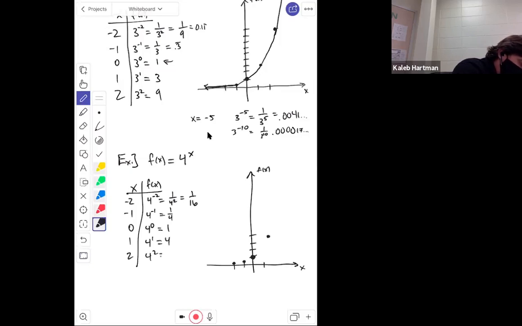And 4 squared is 16. So in fact, with this one, I haven't made my graph tall enough. I would just estimate somewhere up here. I didn't get up to 16 on my graph. I didn't make it tall enough, but you're getting the idea here.